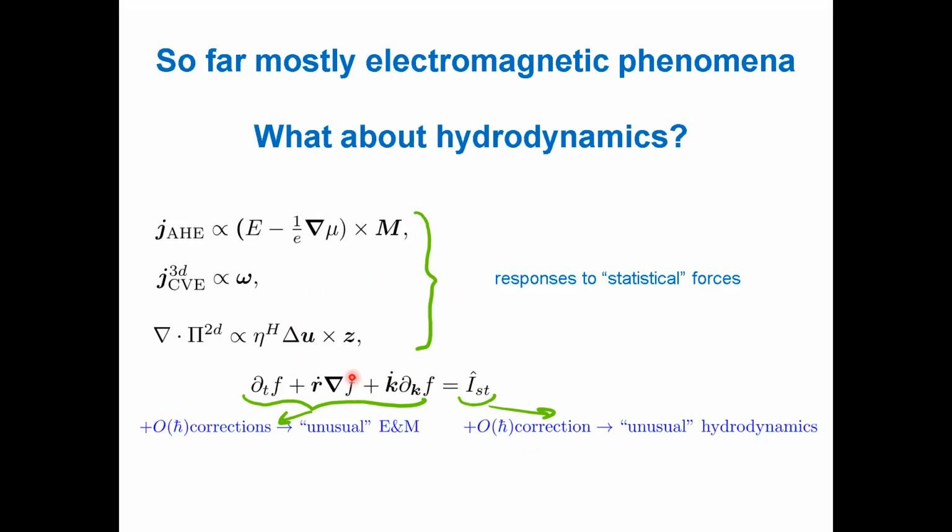The ħ corrections to the left-hand side more or less are responsible for all these electromagnetic effects associated with semi-classical corrections, ħ corrections to electronic dynamics. And what I would like to talk about is the ħ corrections to the collision integral, to see whether these geometric effects manifest themselves in collisions.